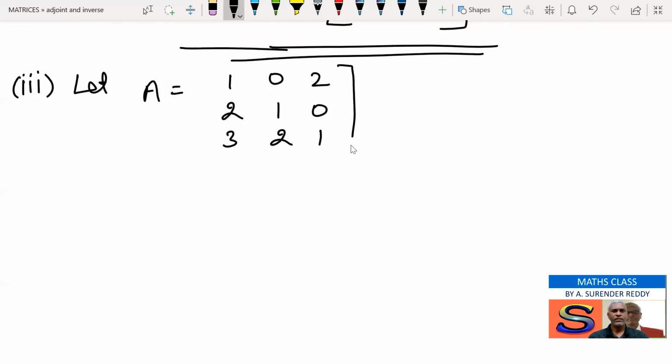So this is the given matrix, a 3 by 3 matrix. We have to find the adjoint and det, then A inverse. To find the adjoint, we need cofactors. Now let us find cofactors.